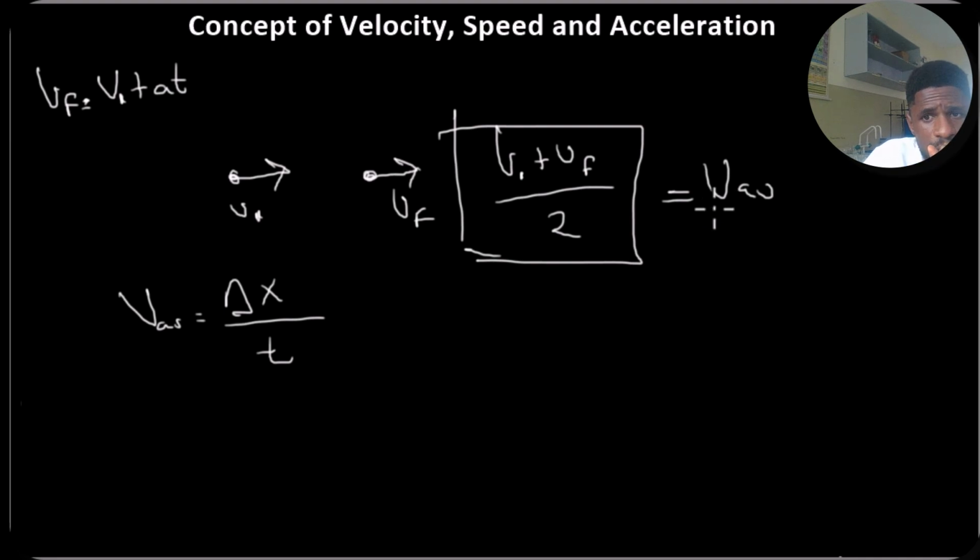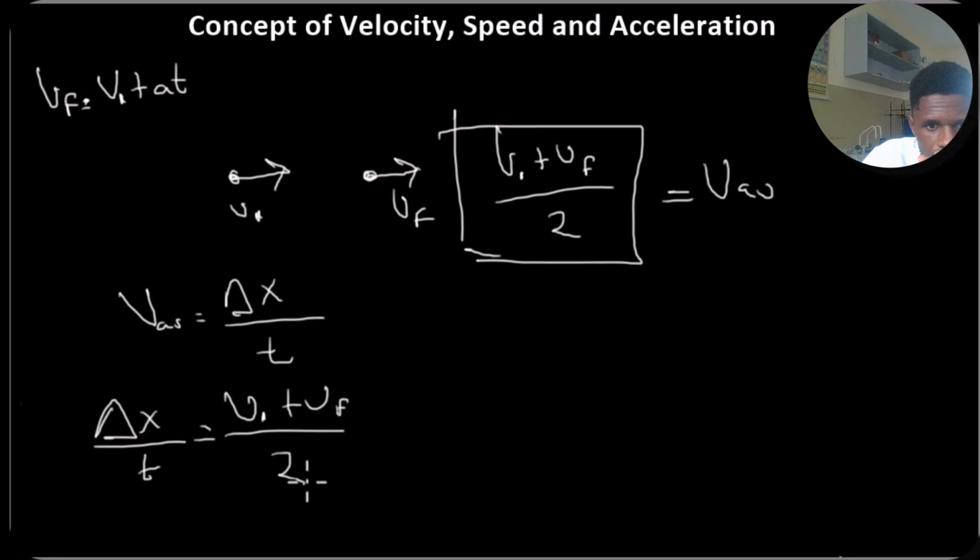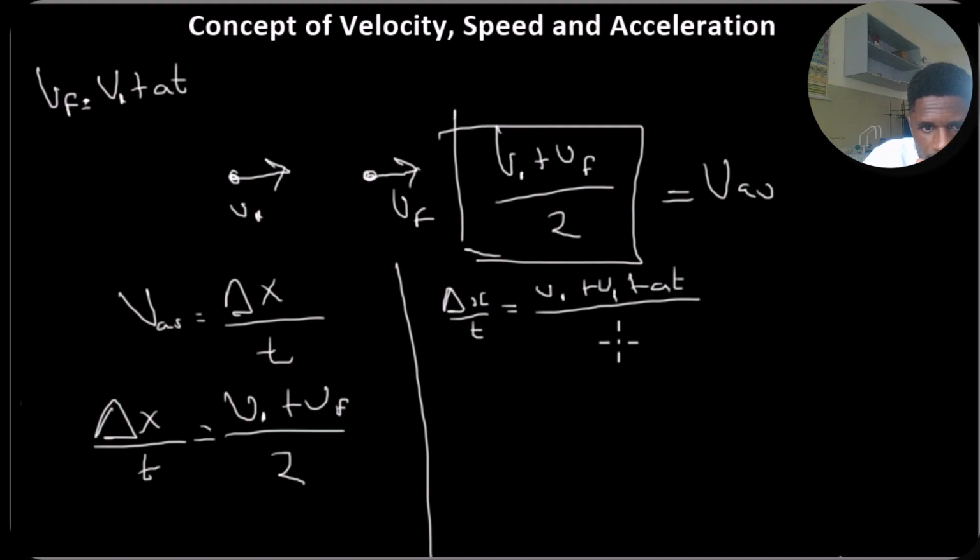So that will also give us v average. Now, if this is v average, this is v average, it means I can equate them just like we did in the previous video. So equating them, I can say delta x over t must be equal to v initial plus vf all over 2. Now I can substitute what vf is in this equation, in order to derive our second equation of motion. So delta x over t will simply be equal to vi plus vi plus at all over 2.